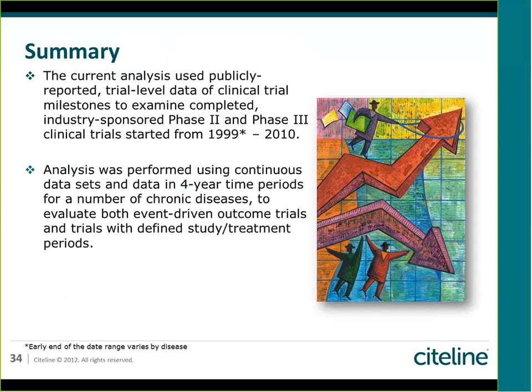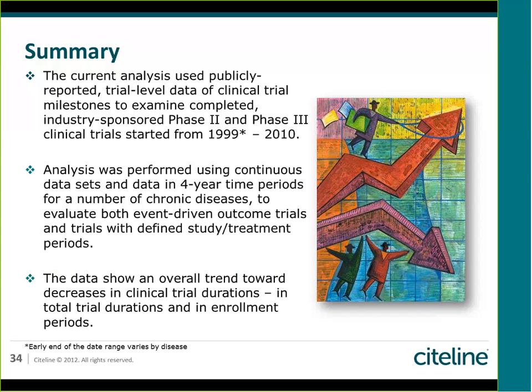One was performed using continuous data sets, and the other using data averaging 4-year time periods, and we looked at a number of chronic diseases and evaluated both event-driven outcome trials as well as trials with defined study or treatment periods. And the data show an overall trend toward decreases in clinical trial durations in both the total trial durations and in enrollment periods.